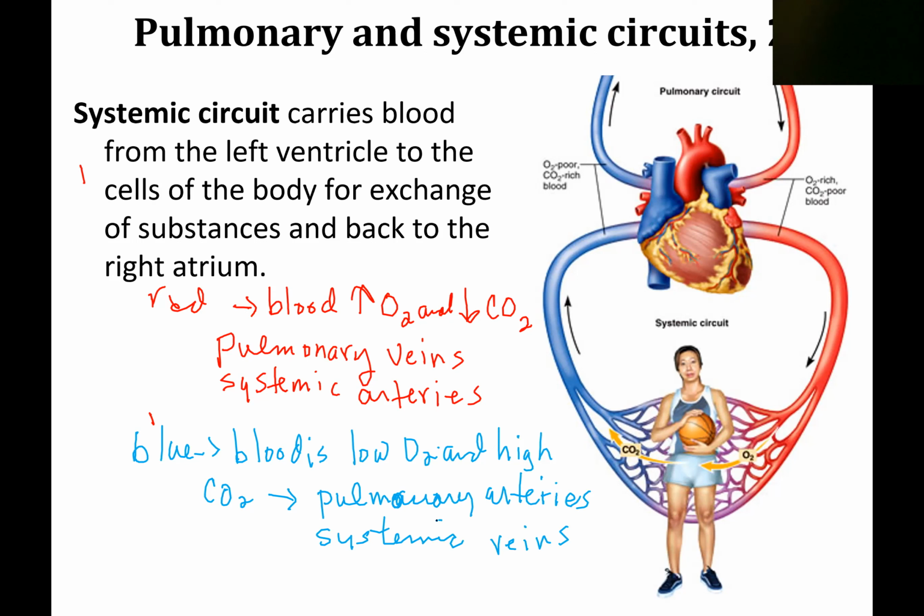So the coloring and the type of blood carried in the two circuits is going to be the opposite in their tubes. The only generic statement you can make about all arteries is they carry blood away from the heart, and all veins carry blood towards the heart.